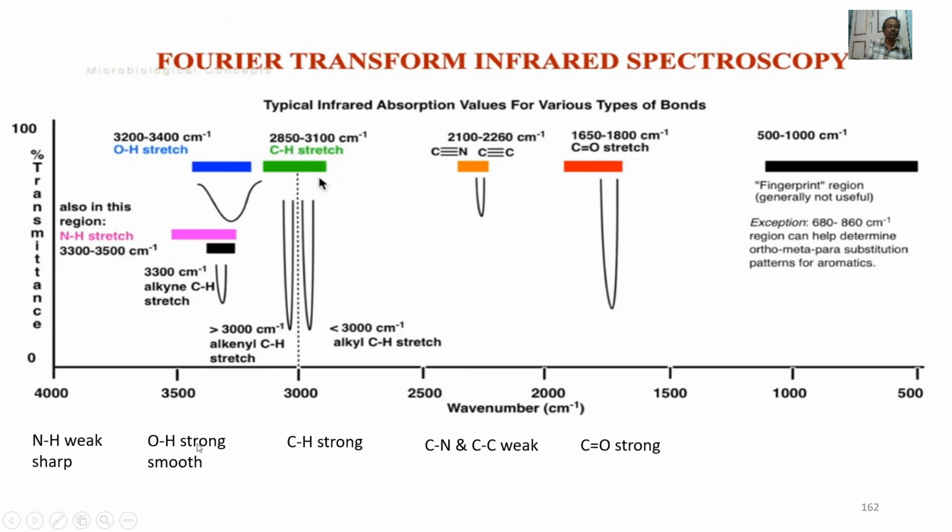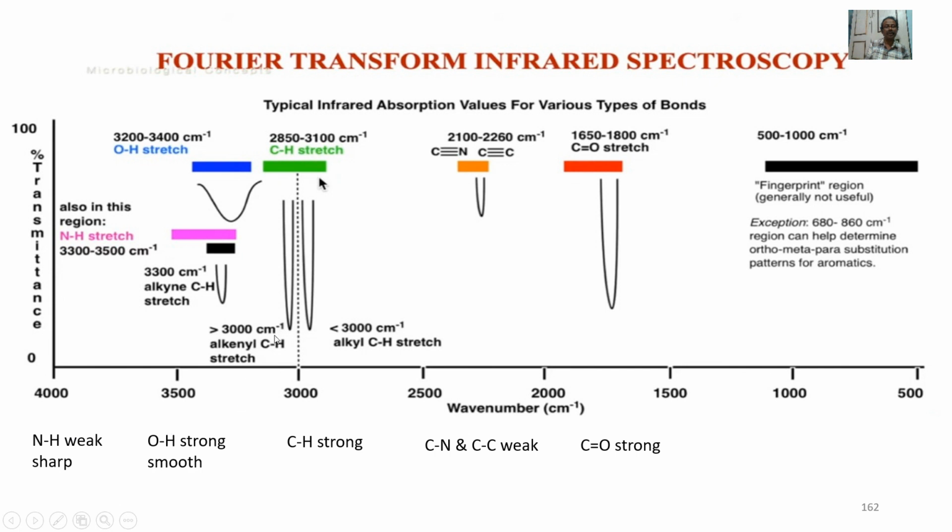So we are going to differentiate by means of the signals. If it is strong in the same region, we can say that this is the OH functional group. And if it is very sharp and weak, this is the NH functional group.